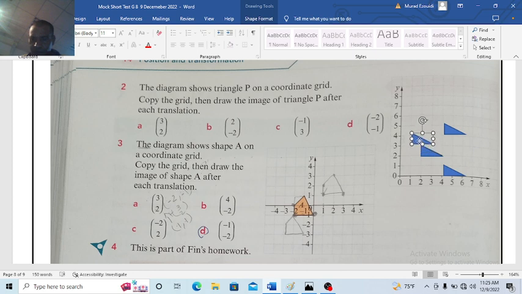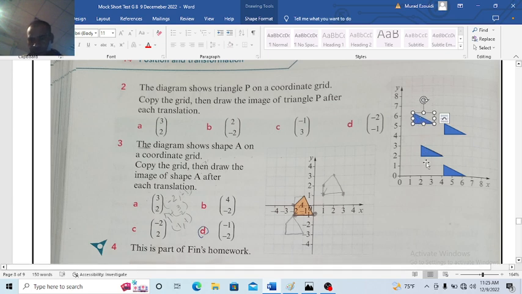This is 1, 2, this is 3. This point will move 1 unit, then 3 up. 1, 2, and 3. And also for this one we were told 3 units to the left. Sorry.